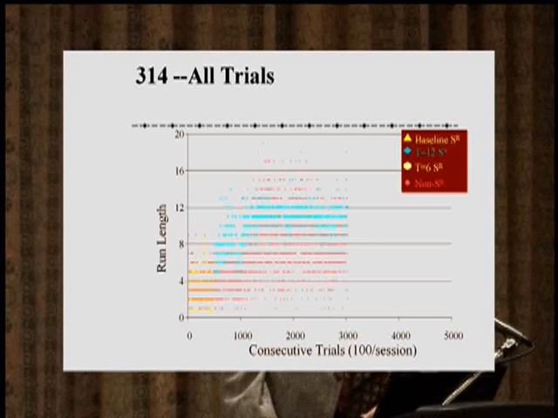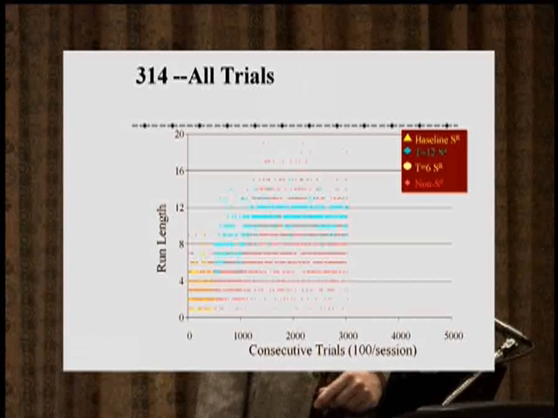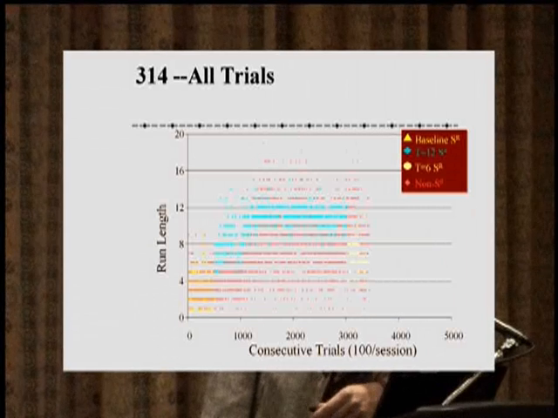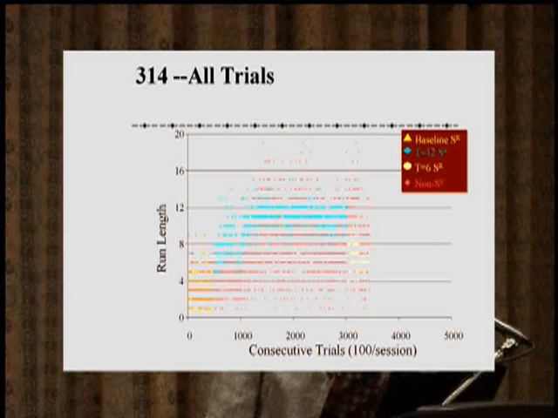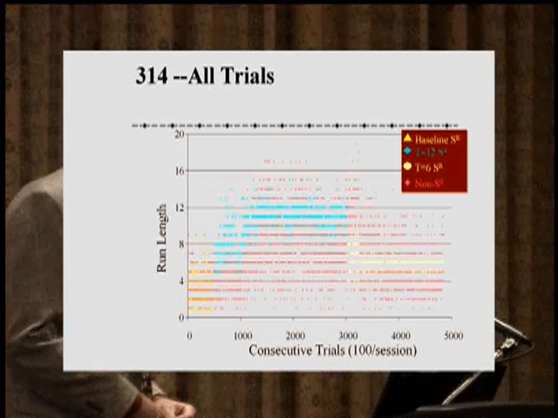Moving the target back to 6, you get a rapid change in the other direction. We start out reinforcing 8s, 7s, but very quickly those drop down to 6s and 5s, and stay that way for the rest of the condition.